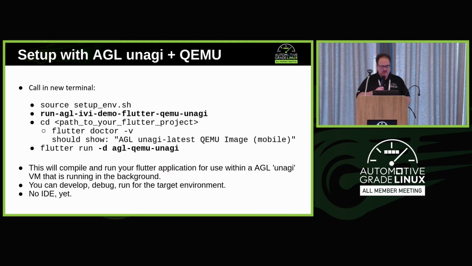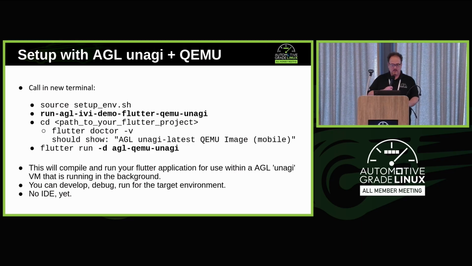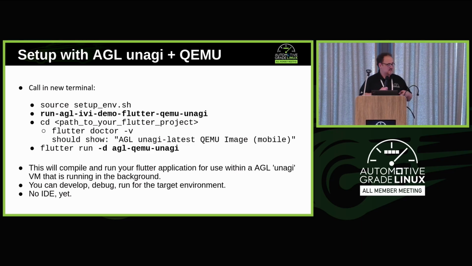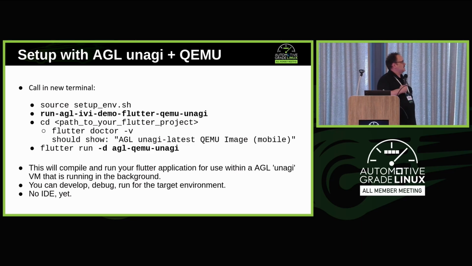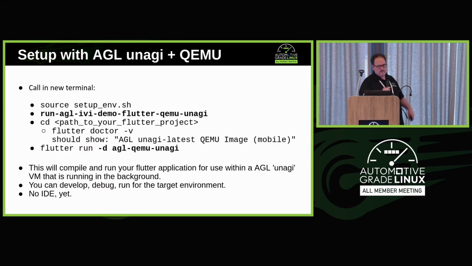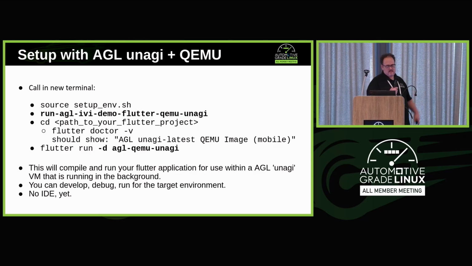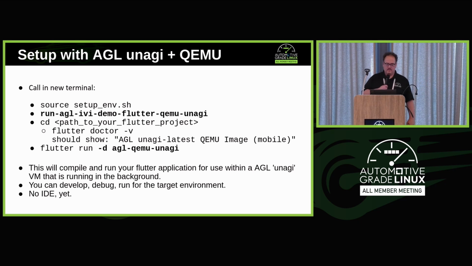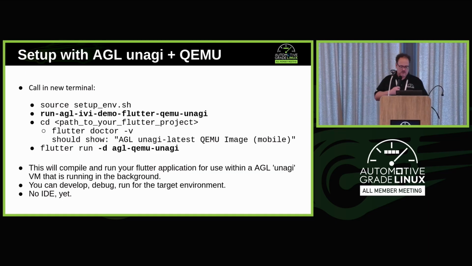You see the available devices, so -d means device. If you do flutter doctor -v, you see multiple entries, and the third column is the device name. And in this case, we then select the QEMU image.